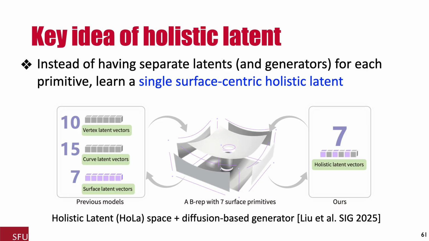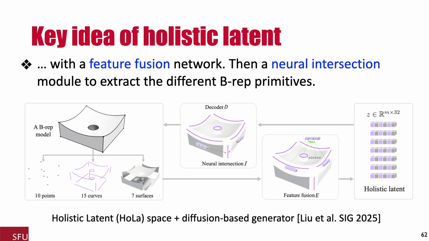You only need to learn to generate surfaces; curves are just intersections between surfaces, and vertices are just intersections between curves. That was a very simple idea, but it worked. So instead of predicting everything separately and also worrying about topology, we just predict surfaces, and we use a neural intersection module to get the curves.